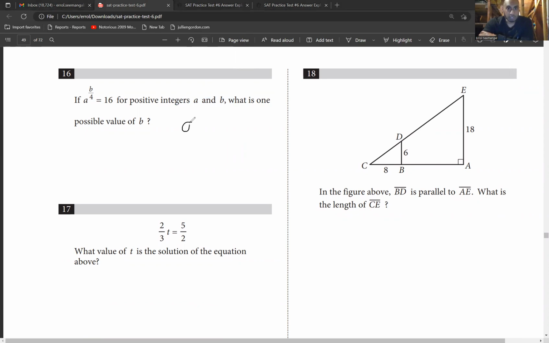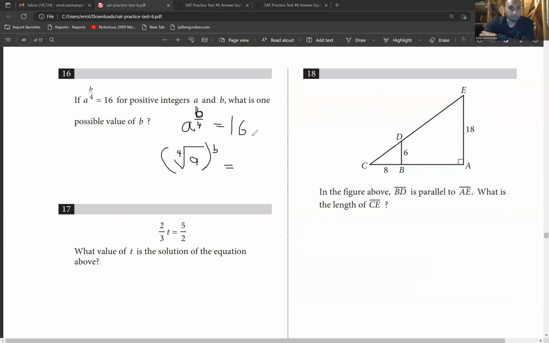Okay, so A to the B over 4 is 16. How can we rewrite this left side? The fourth root of A to the power of B. Yeah, exactly. And then this one, how can we rewrite?